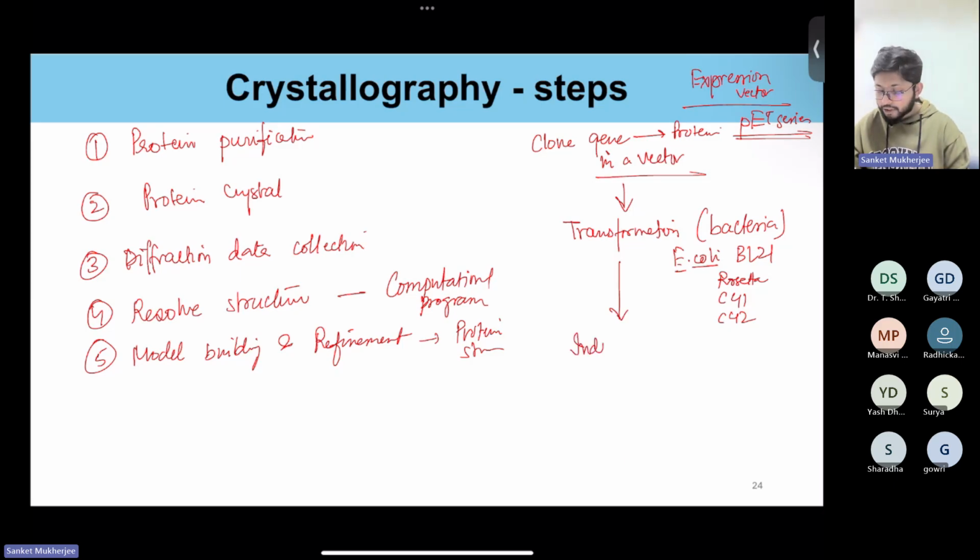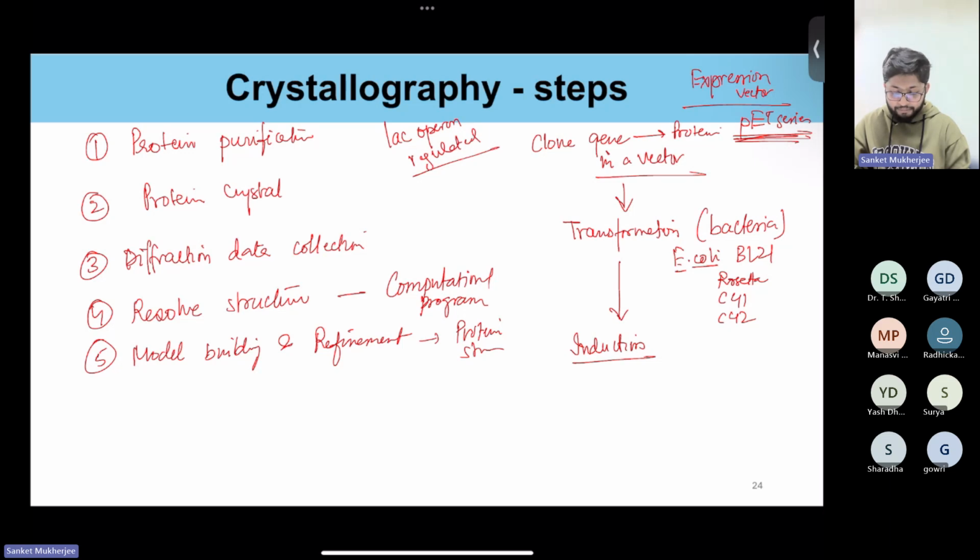Then we perform induction. Now, one thing that I forgot to tell you about the vector: all these PET series vectors are usually lac operon regulated. If you know the concept of the lac operon, there is a lac operator, lac repressor, these kinds of things are present. Why is this present? Because ideally in a biological system you want overexpression where the majority of what is made is your protein.